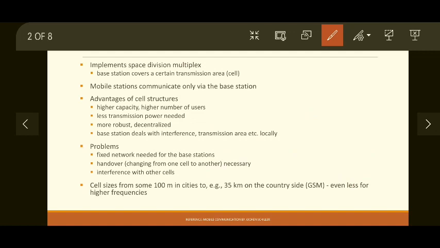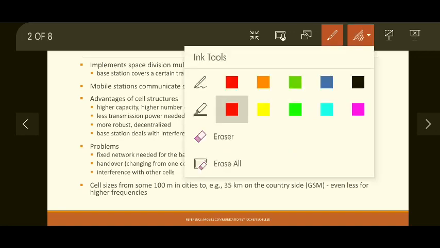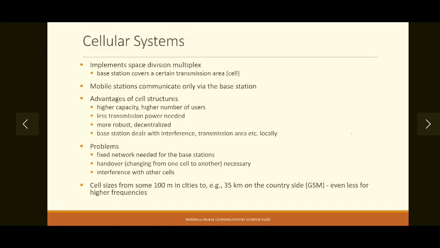Sometimes it can be lesser for higher frequencies. So cell size is dependent on the number of users in that particular region.